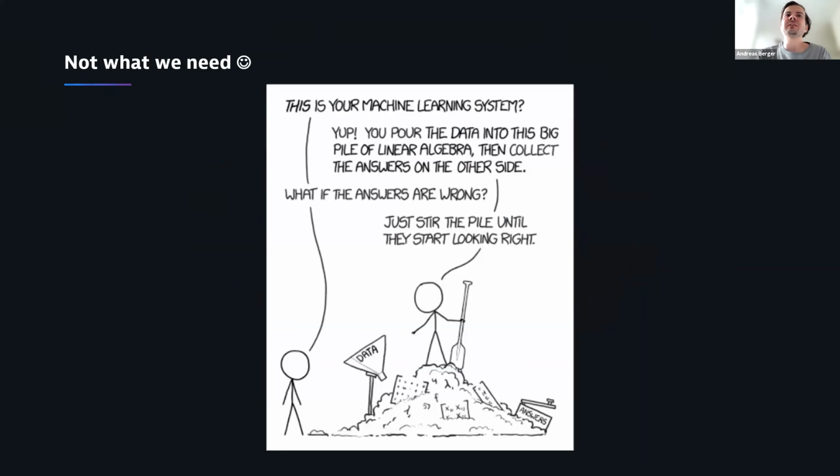The general idea of this cartoon here is you just feed whatever stuff into some magic algorithm and it will tell you the right answer. And if it's not the right answer, well, you just tweak the algorithm and shake it a bit until it does. And then you eventually get the right answer. That's not useful. It's obviously exaggerated here, but I also think that this is a misconception in the way we could make use of these very advanced tools.